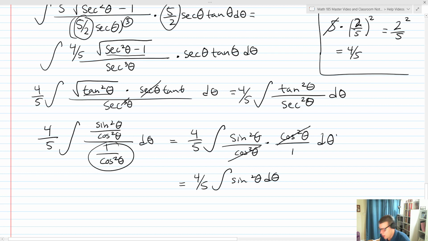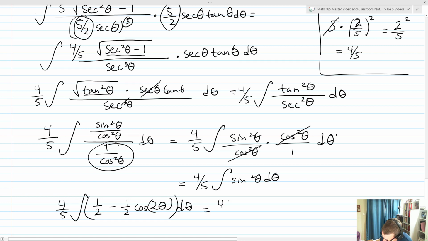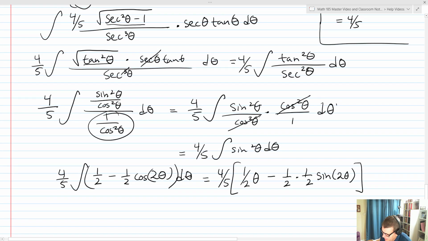Now I've got to go solve sine squared theta d theta. So I get 4/5, and we're going to take the integral, and I'm going to make a trig substitution of 1/2 minus 1/2 cosine, in this case 2 theta, d theta, and that is then going to be 4/5 times 1/2 theta minus, and then this is going to be 1/2 times 1/2, and this will be sine 2 theta plus some c, although we'll get to the c at the end.